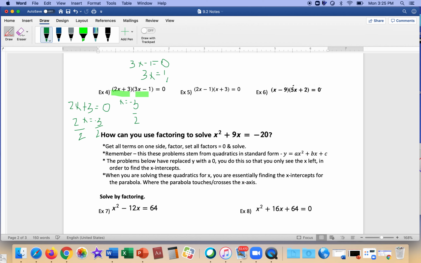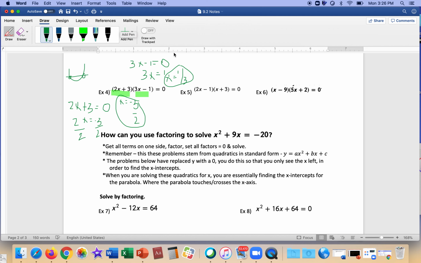And if I divide by 3, I get x is 1/3. So those are our two x values. So if I FOIL this and this was a problem, we replace this with y, this graph would touch the x-axis at negative 1.5 and at 1/3.